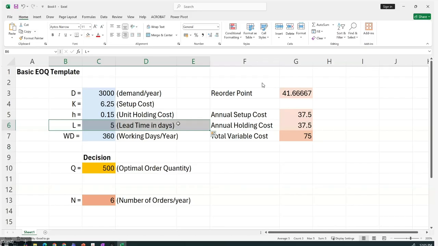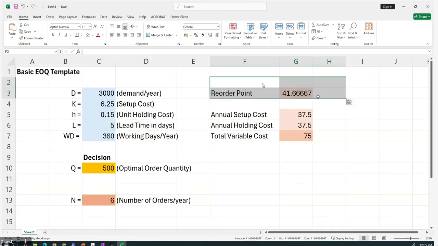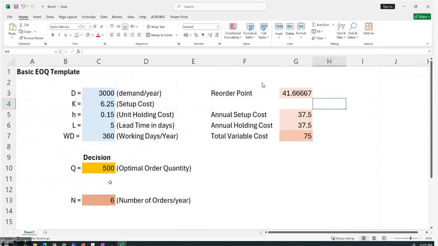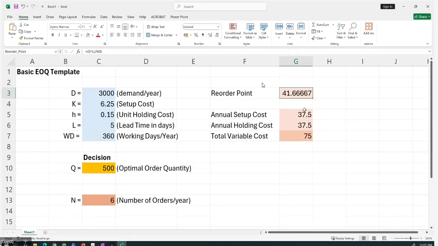So because the lead time is changing, I have to reorder the moment my inventory level reaches around 41, 42. I have to reorder, right? So what will be the optimal policy? When the inventory level reaches 41.67, right? This 41.67 usually will be rounded up, just to be on the safer side.